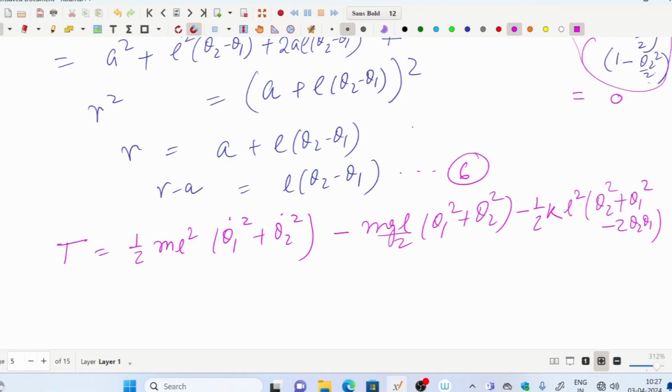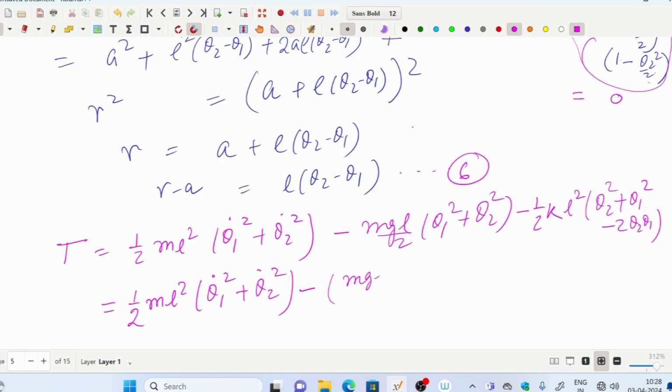So let me write this Lagrangian in a simplified version, and we will see what the T matrices and V matrices of this system will be. So half m L square theta 1 dot square plus theta 2 dot square minus theta 1 square. So let us collect. Theta 1 square is appearing in two places, here and here, both with a minus sign.